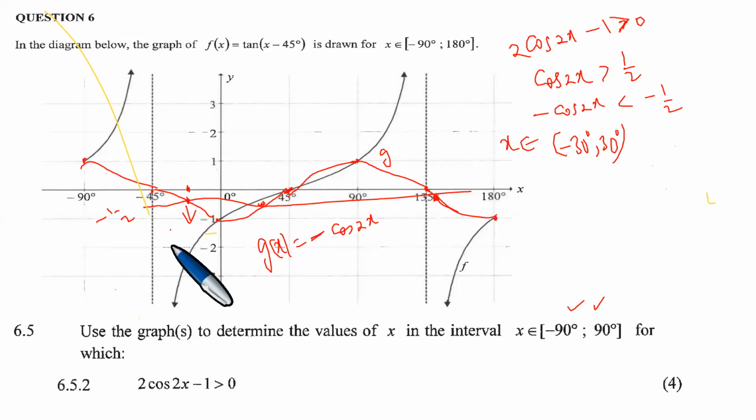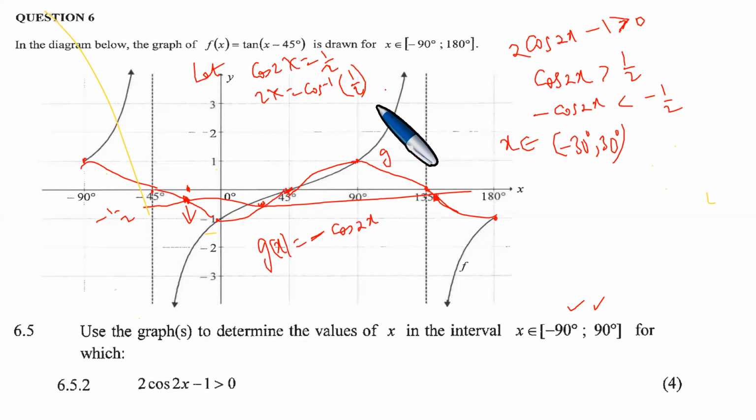How do you know that here x is 30 degrees? Well, you'll have to look at what this is. If the cosine 2x is half, when is the cosine 2x equal to that? You need to solve for x. So you need to let cosine 2x be half. Okay, you divide both left and right by negative, which means 2x, you get shift cosine 1/2, 60 degrees.